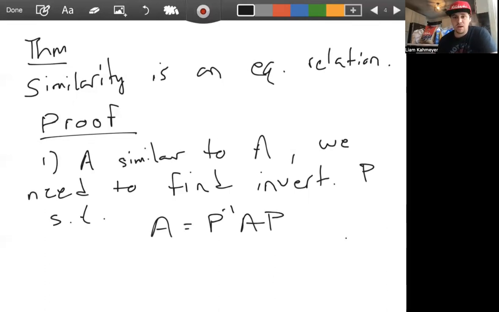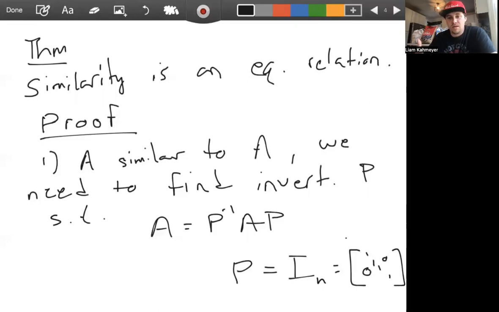This is what it would mean for A to be similar to A. Well, just take P to be the identity matrix, which would be 1, 1, 1, 1, zeros everywhere else. That's clearly invertible. If you take P as the identity, it's its own inverse, right? And so we're good there. So we found that similarity is a reflexive relation.